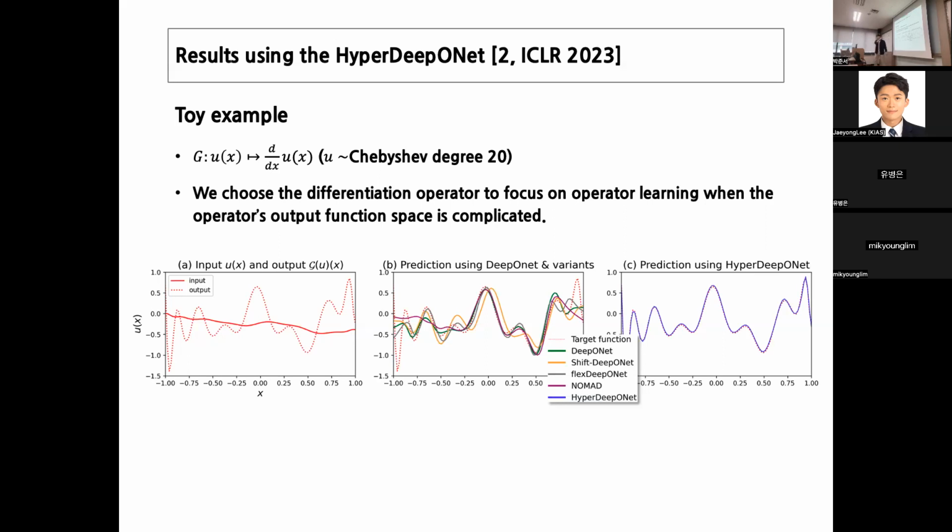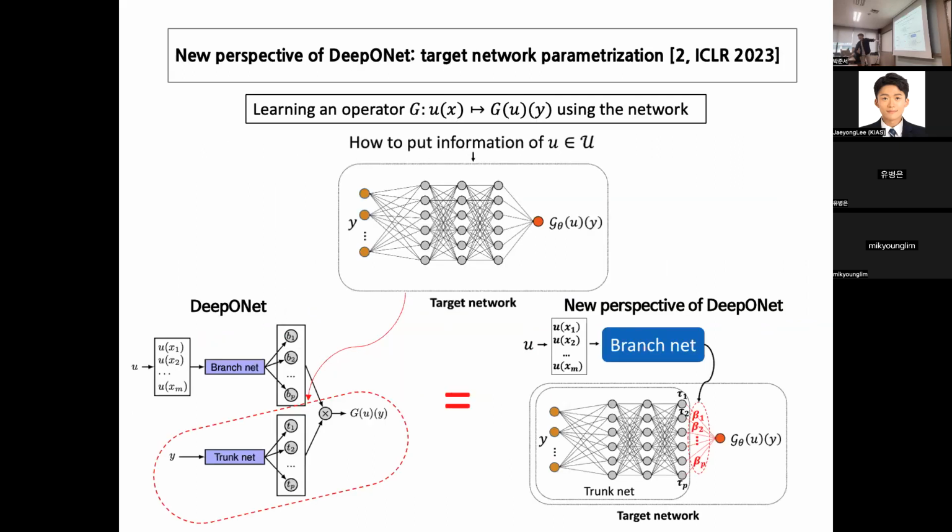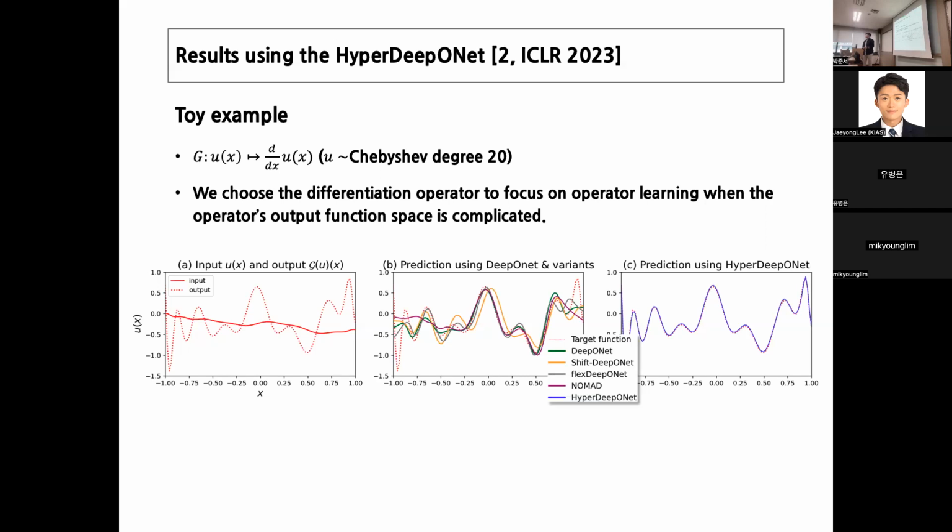And also in our paper, we proved that the hypernet structure needs fewer parameters than other variants like DBONet. How much smaller? It is hard to say, but I should show that.